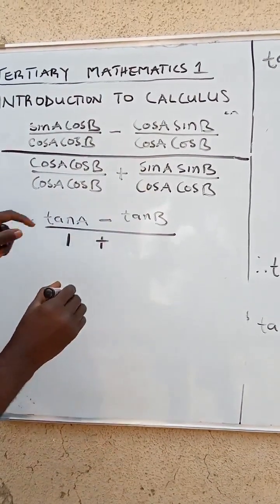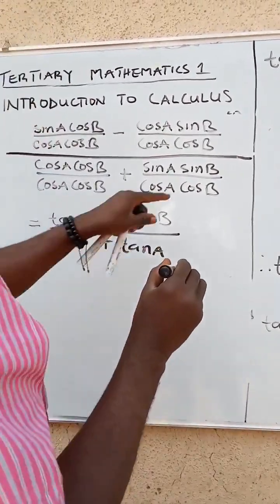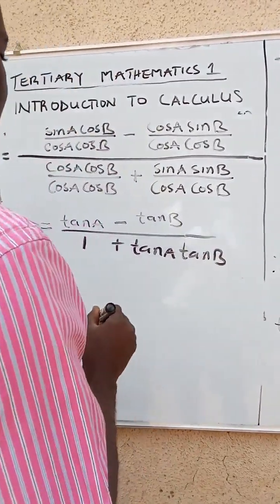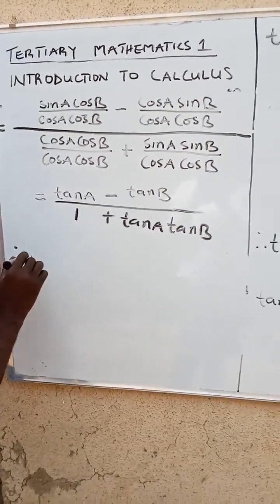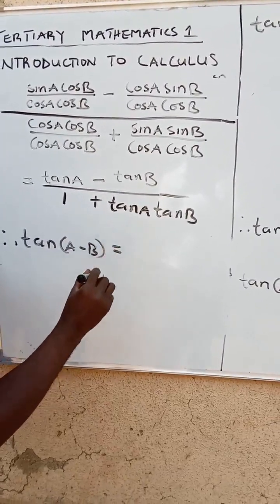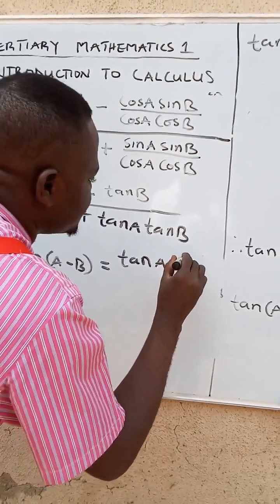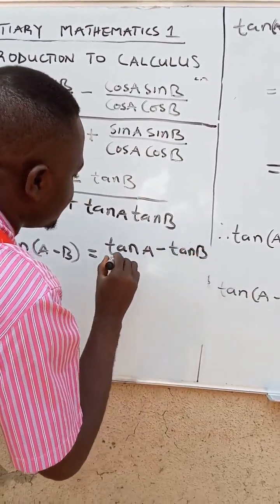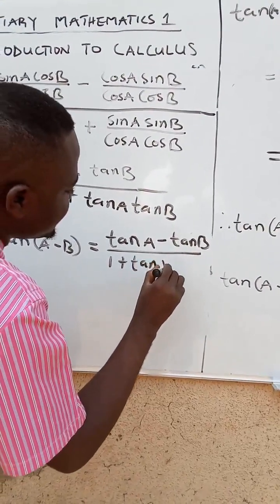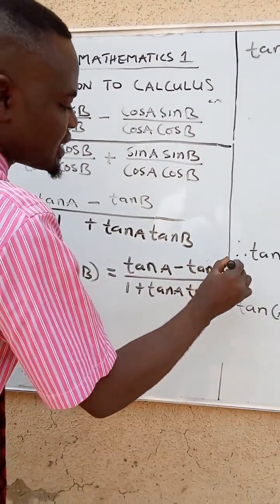Then plus sin A over cos A is tan A, tan A, and sin B over cos B is tan B. So now say therefore tan A minus B is the same thing as tan A minus tan B over 1 plus tan A tan B. Okay, so in this case we have gotten this.